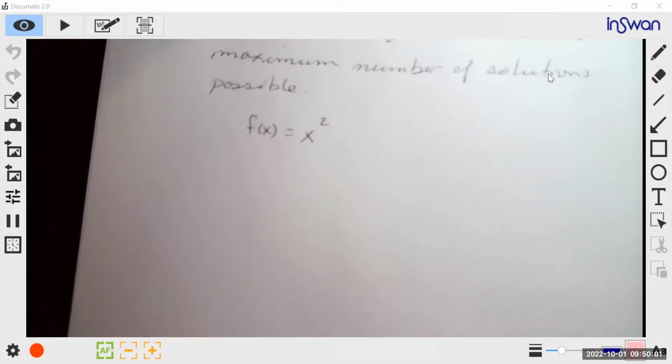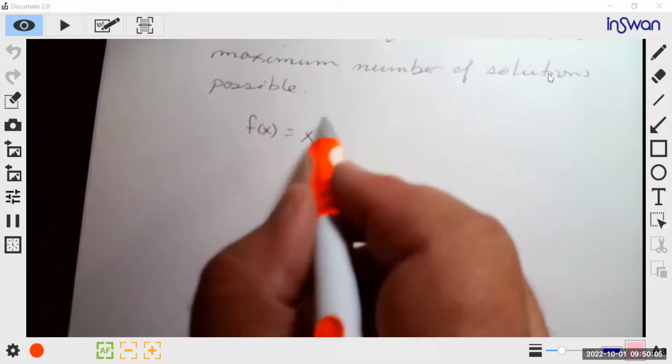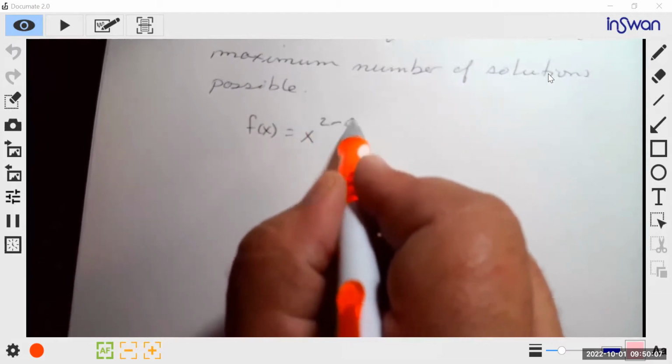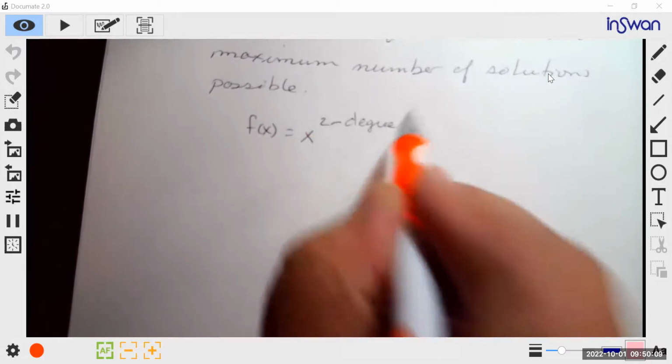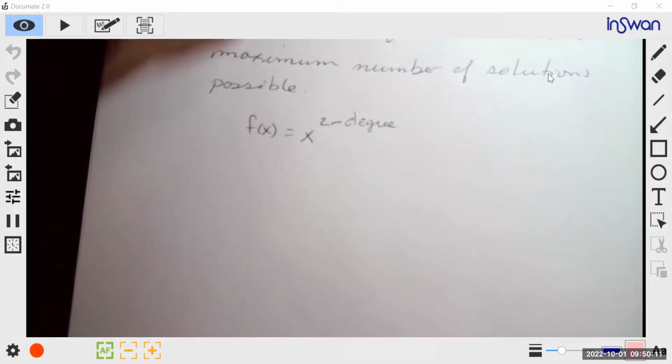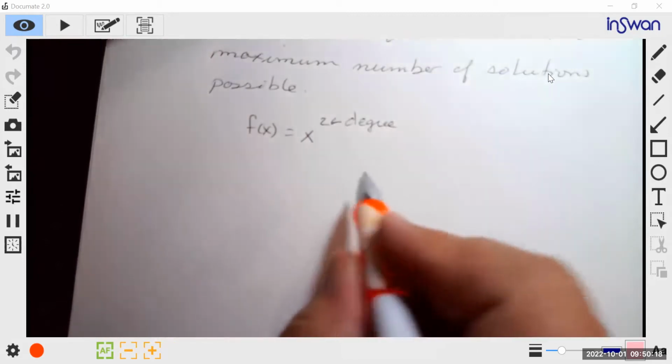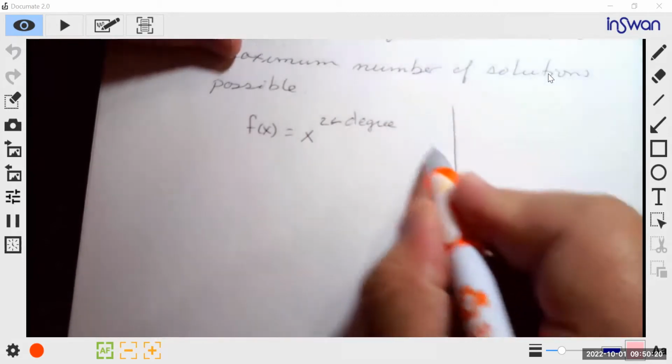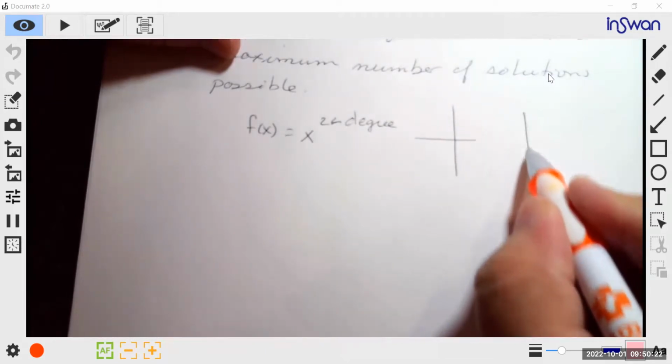So if we look at a quadratic equation, the degree is the exponent, the highest exponent. The degree here is 2, which means I can have at most 2 solutions.